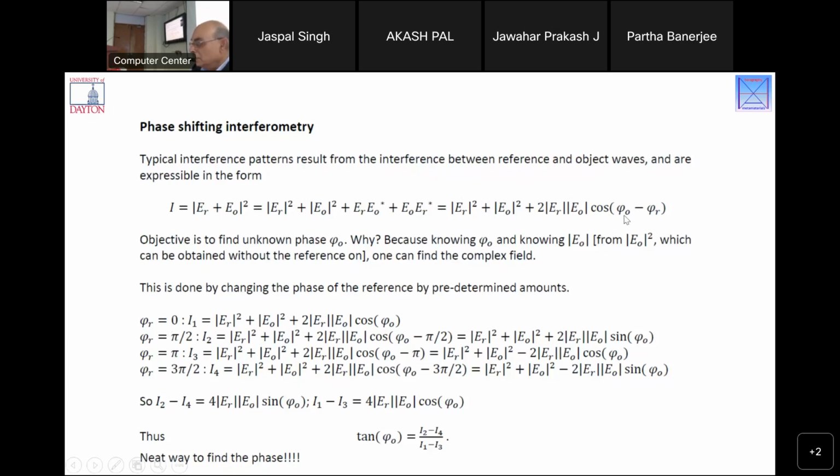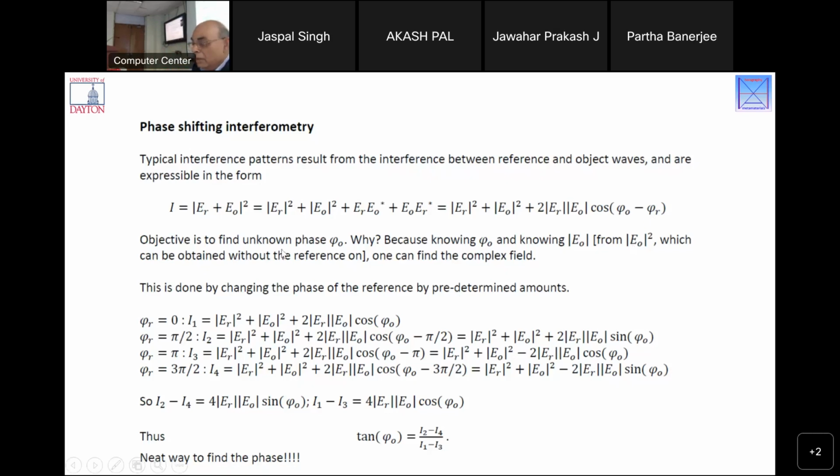I want to find phi o. This phi r really can be anything to start with, but the only thing I need to do is change phi r by amounts of pi over 2, 3 times. That's all I need to do.